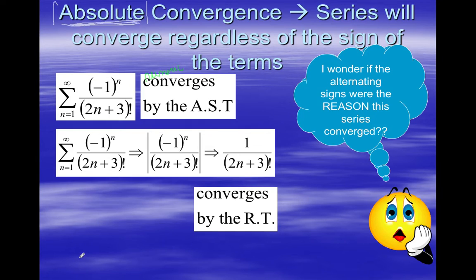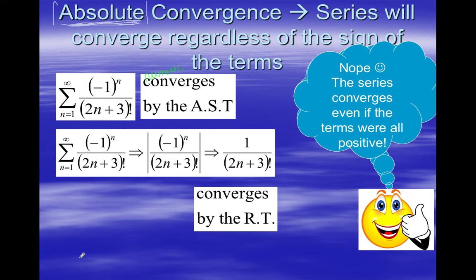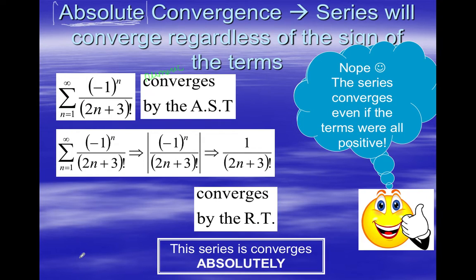Now what that means is, since this series converged even without those alternating signs, which means even without subtracting every other term, we can say this series converges absolutely.